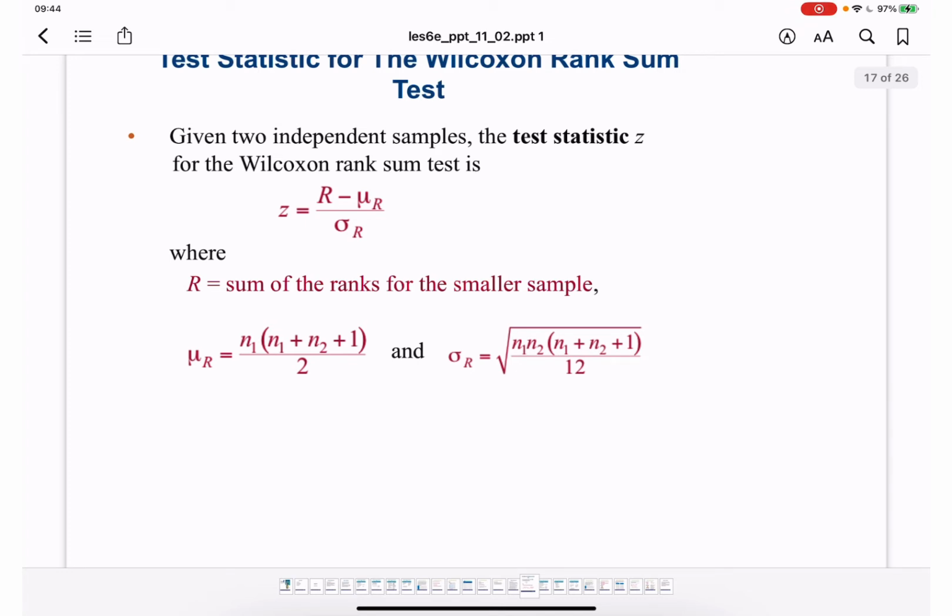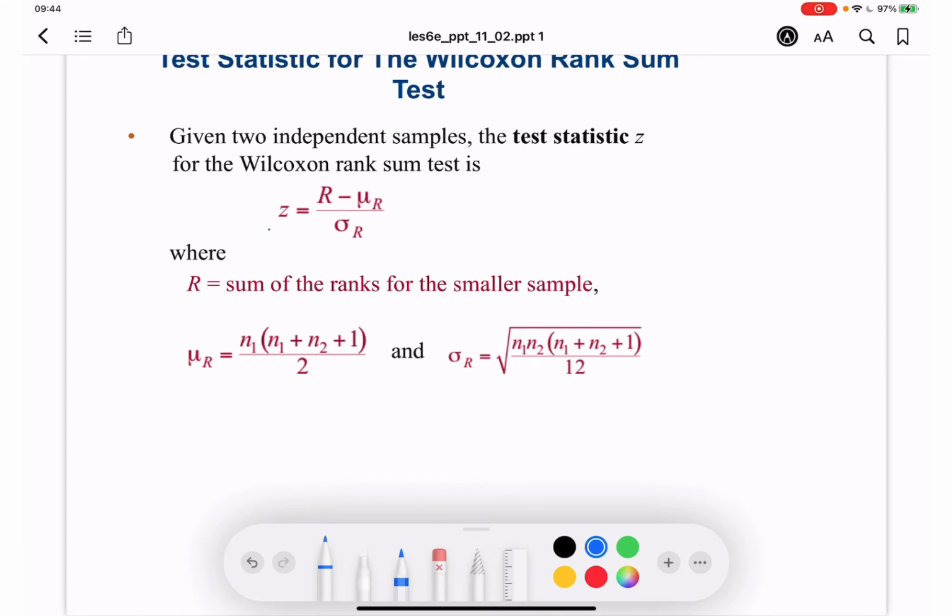Next, we are going to explore the test statistic for the Wilcoxon rank sum test, the formula for it. Given two independent samples, the test statistic z is going to be equal to R minus mu R divided by sigma R. R is the sum of the ranks.